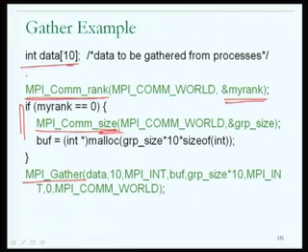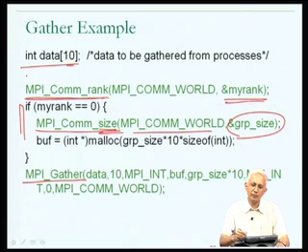What MPI comm size returns is the size of the communicator in question, and by size we mean the number of processes in that communicator. And therefore the ranks of the processes within the communicator would go from 0 up to group size minus 1.